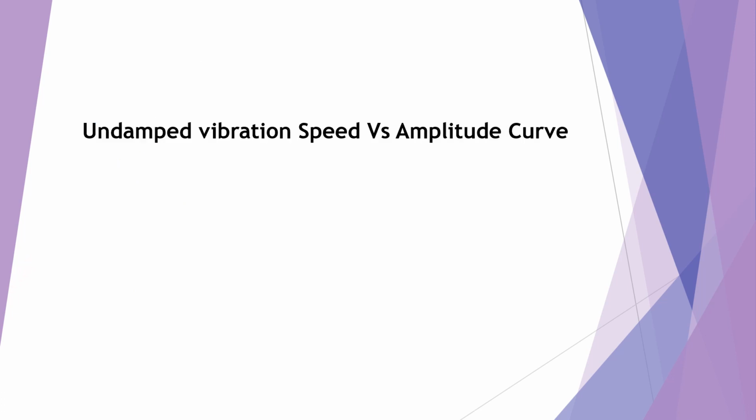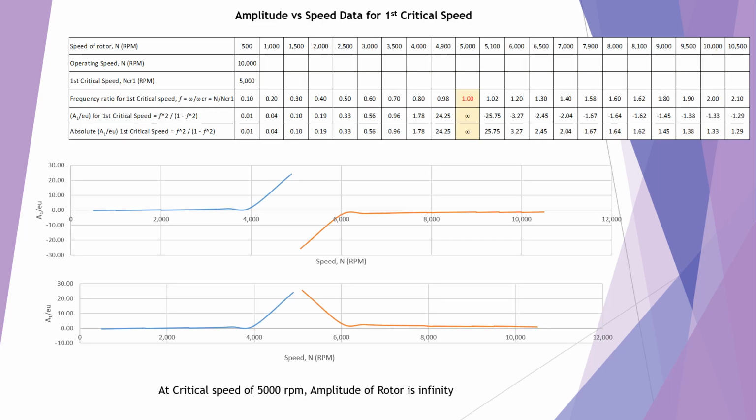Now the undamped vibration speed versus amplitude curve. Let us see a typical example. We have speed on the x-axis and amplitude on the y-axis. The top one considers plus and minus both, and this one considers only the positive value.